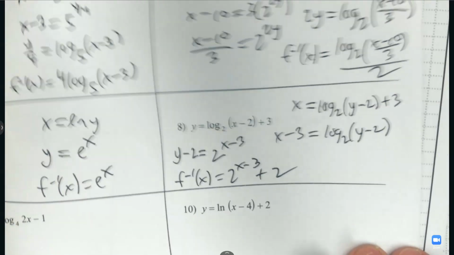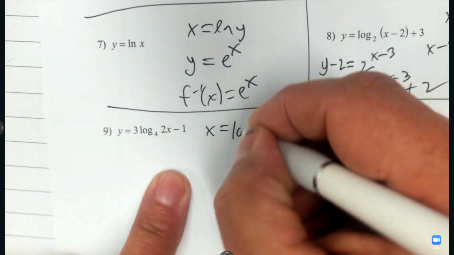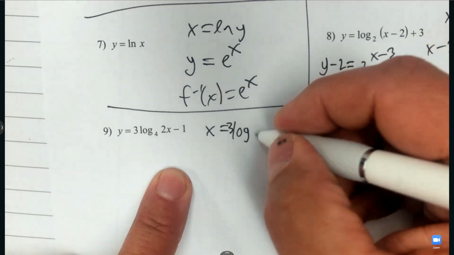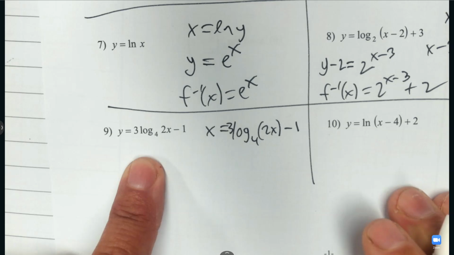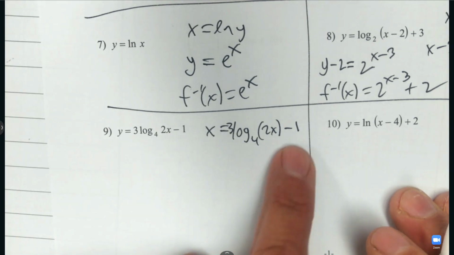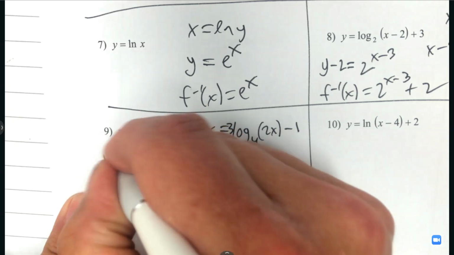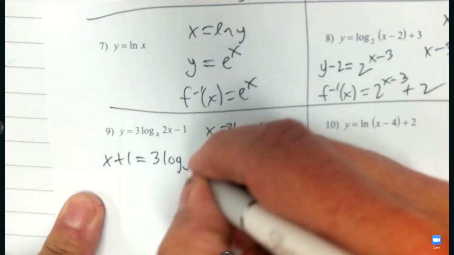Number 9, inverse it. x equals, I forgot the 3, log base 4, 2x. Now, there's no parentheses there. So 2x is inside, but subtract 1 is not. So we're going to add 1. Then I'm going to divide by 3.